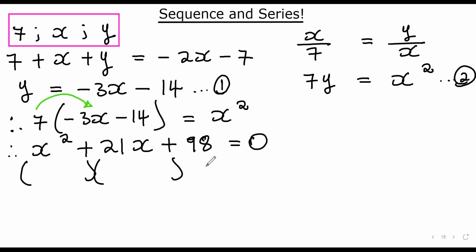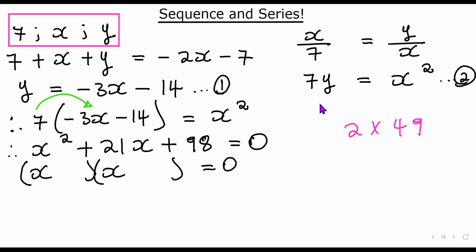And now I can see that I'm dealing with a quadratic equation. Now I'm looking for factors of 98, such that if I add them or subtract them, I get 21. And when I plug this into my calculator, I actually get 7 squared times 2, which doesn't really help me that much.